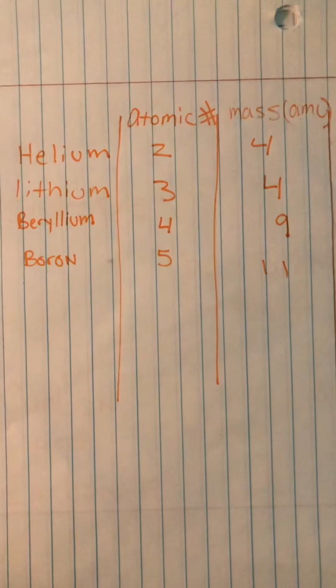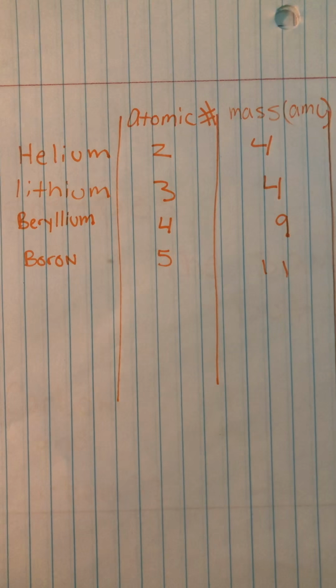Moving forward, there were a couple of things that weren't adding up. For example, the atomic number directly correlates to the number of protons an atom has. Now, electrons are known to not have any measurable weight.